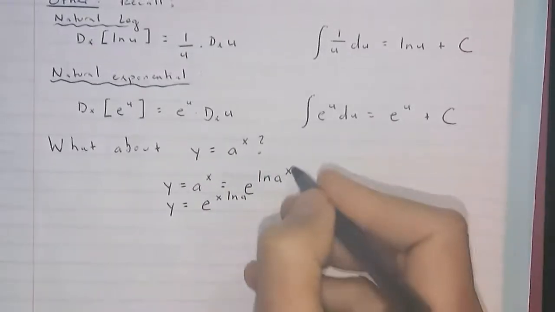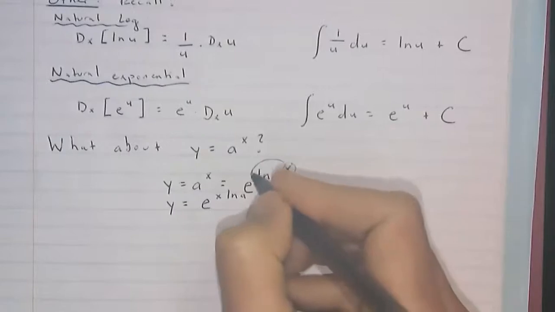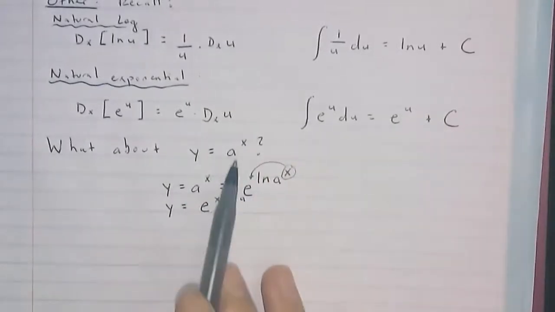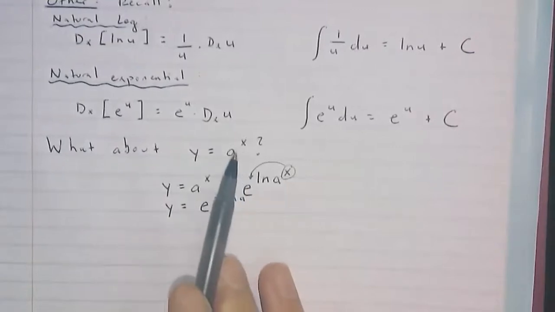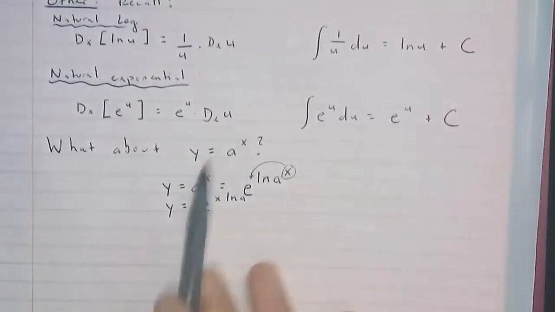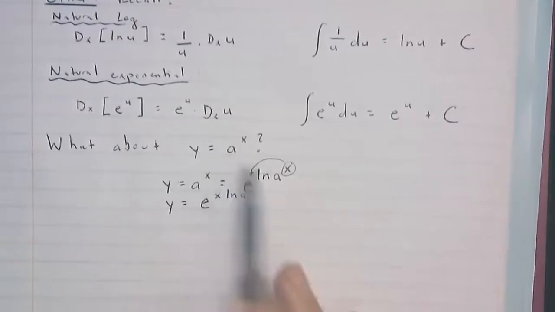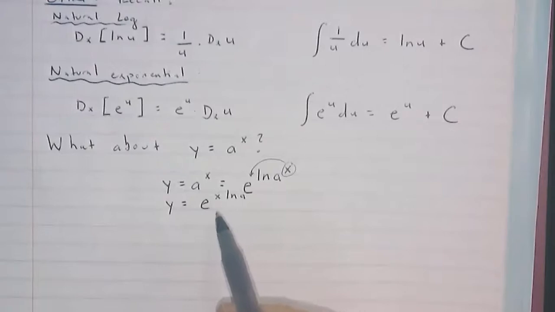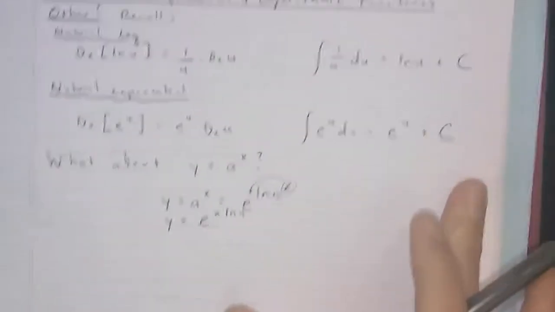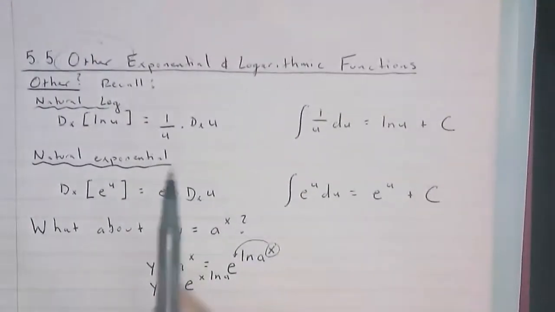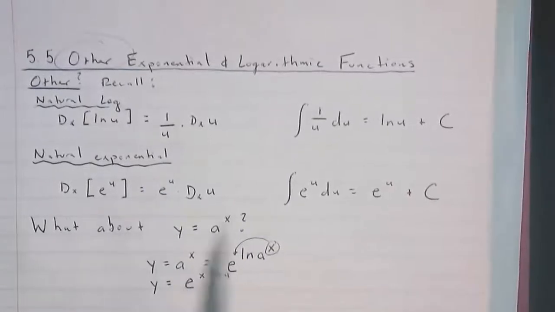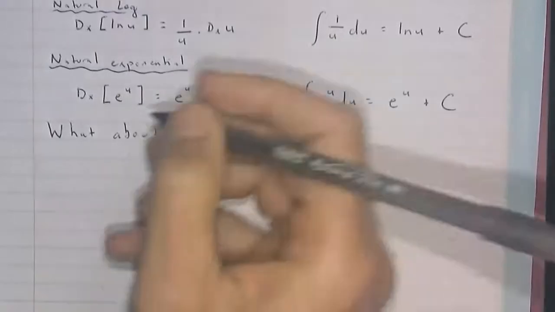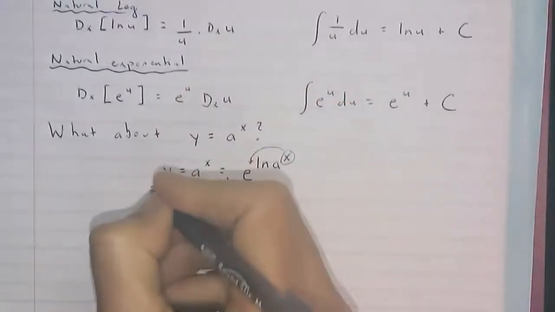And I'm just dropping this down. And so as we develop our understanding of what the derivative of a to the x is for some general a, this is what we're going to use to figure that out, because this is something we can differentiate based on our prior knowledge of the natural exponential function. So we're going to differentiate this. Let this be f of x.